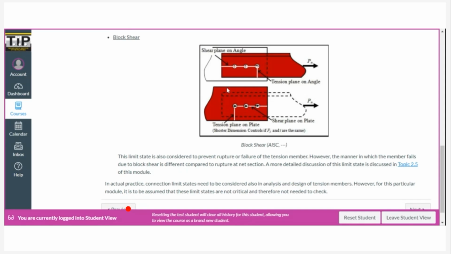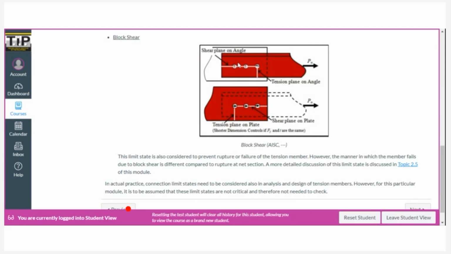However, we will be assuming that gusset plates here in this case are adequately designed. So meaning we will only be focusing more on the capacity or the adequacy of the member. Okay? But this is how the block shear happens. So this one, hihiwalay siya sa part na to. Okay, so it will separate from this part.